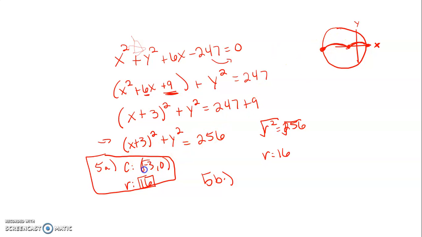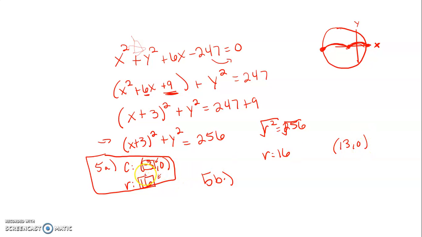So this is what's going to be changing. So if I go to the right 16 spaces, because that's what my radius is, 16, what I'm doing is adding 16 to the x value of our center. So one of the points on the circle will be 13, 0.